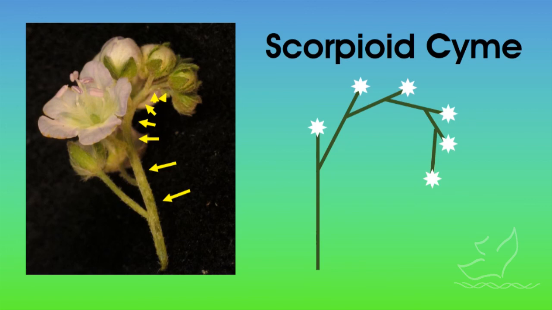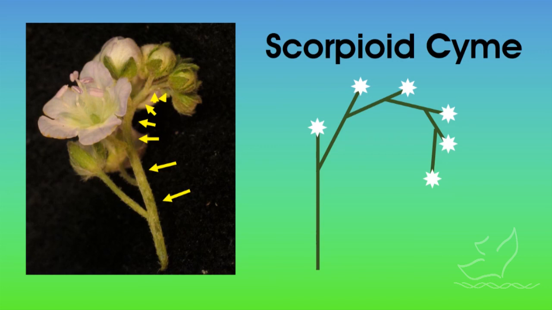But you'll notice that because the flowers are being actually produced on what are actually side branches, what appears to be the main stem is actually going to coil because the branches are getting smaller and smaller, and they're always to one side. So you have this coiled structure with the successive branches developing.